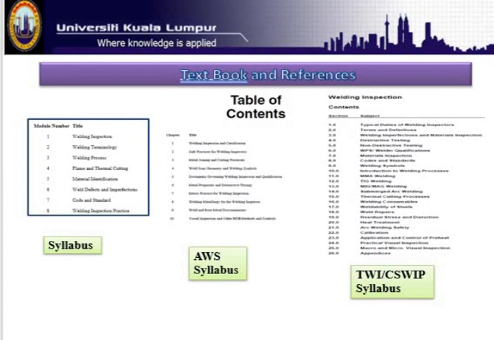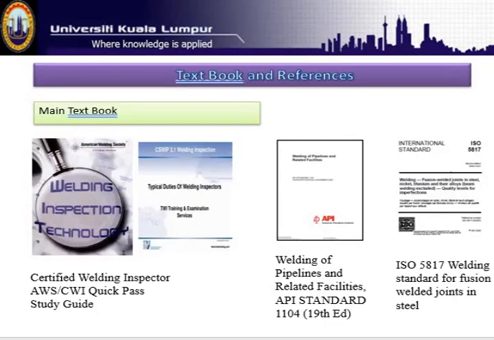The textbooks and references used in this course consist of the American Welding Society, AWS, and The Welding Institute, TWI. Other references include the Certified Welding Inspector Course, API 1104 Welding of Pipelines and ISO 5817 Welding Standard for Fusion Welded Joints.